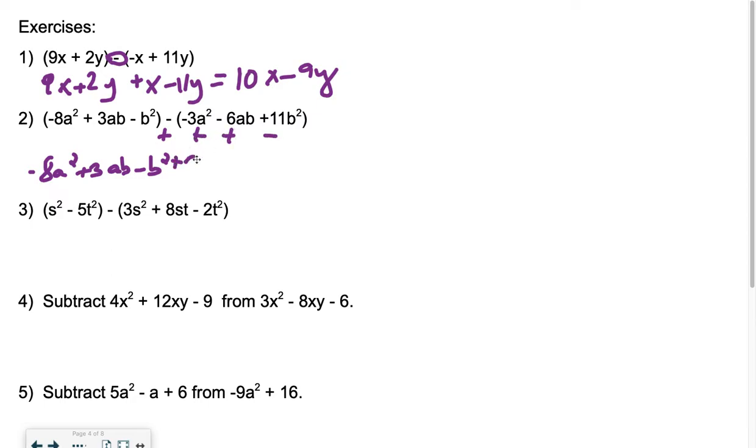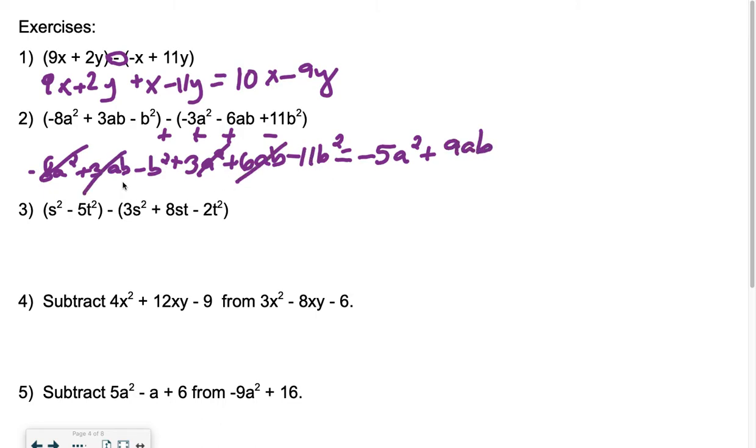So plus 3a squared plus 6ab minus 11b squared. There are two a squared terms. Again, you know me, I like to cross them out. There are two ab terms. There are two b squared terms.